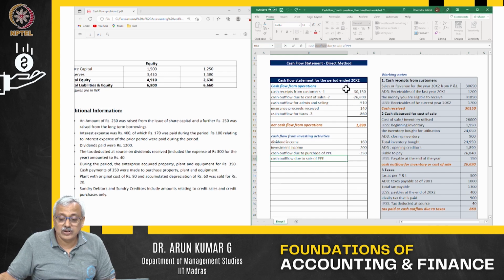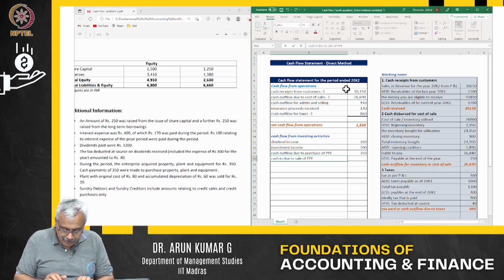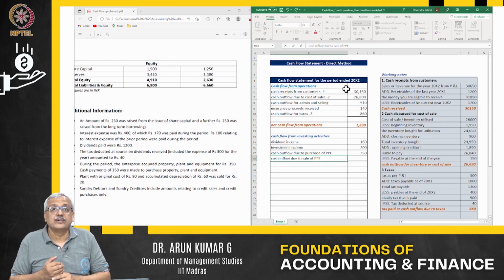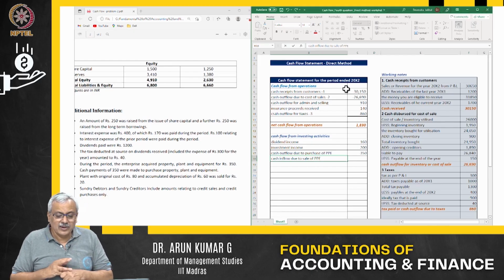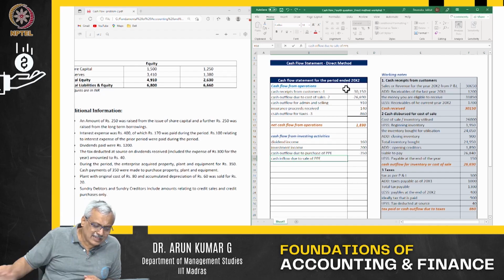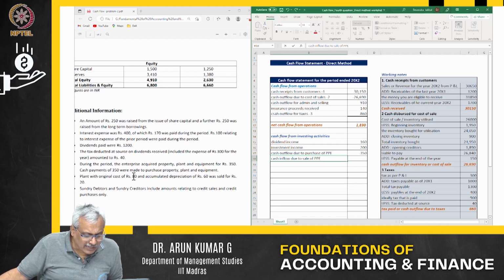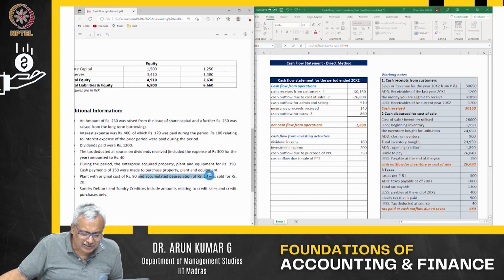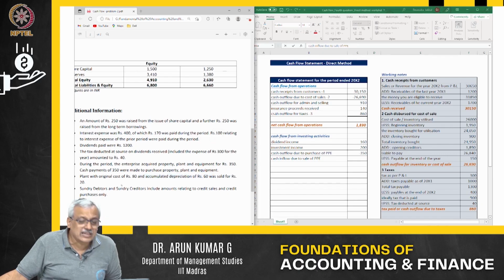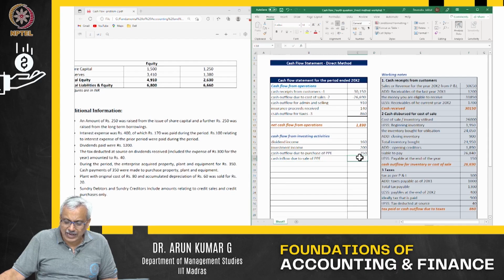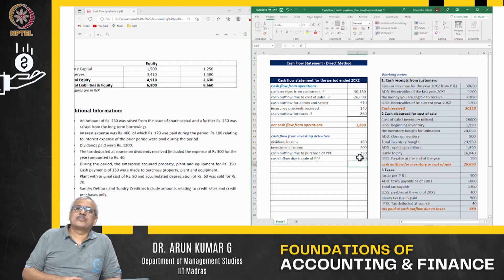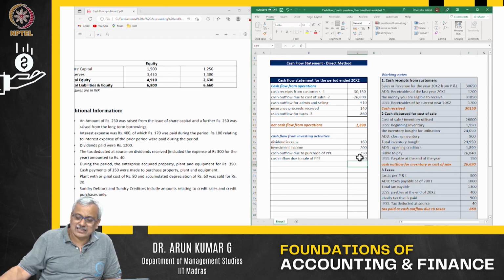Mohammed Suhail works for his PhD with me, and he has been the TA for this course and always keeps prompting me if I miss something. So, now, cash inflow due to sale of PPE. It says worth about $80 with accumulated depreciation of $60, sold for $20. That means the cash inflow is only $20.